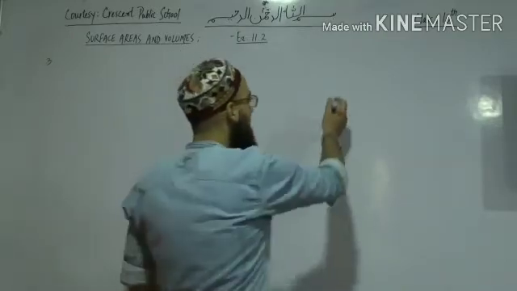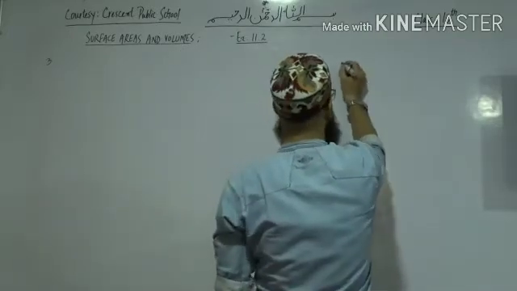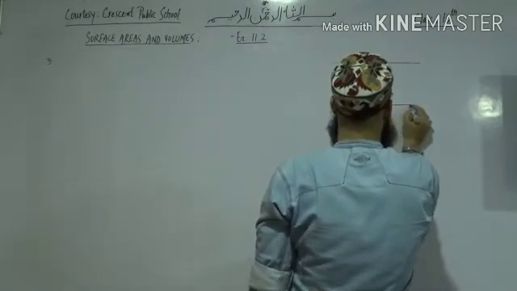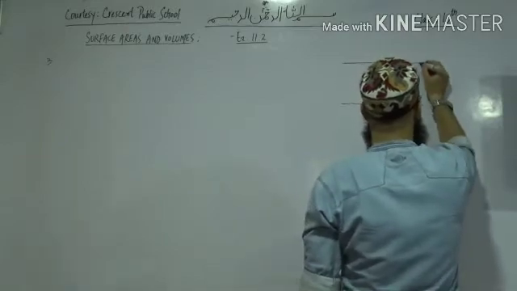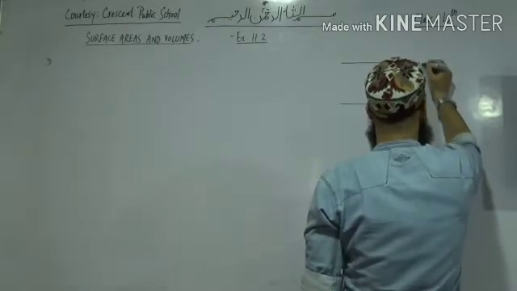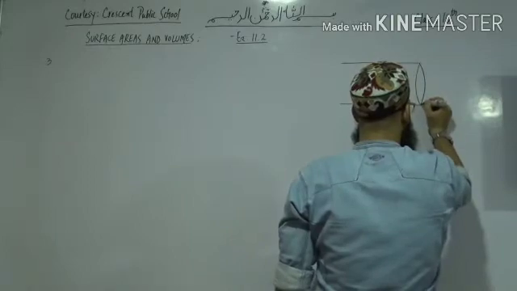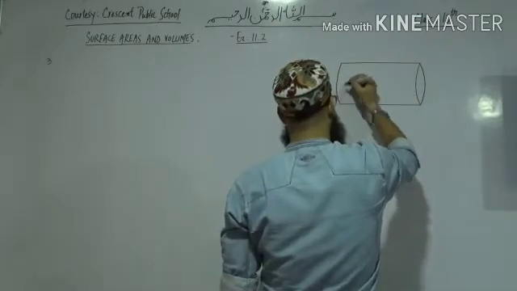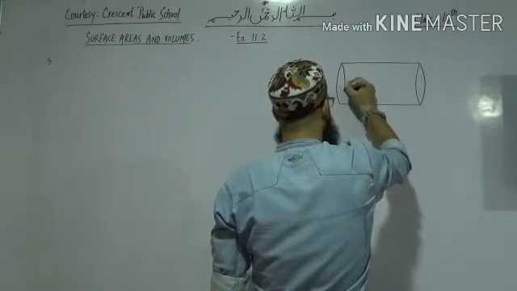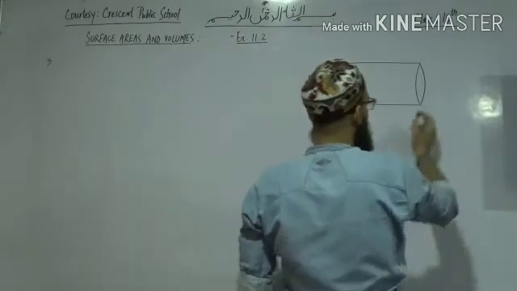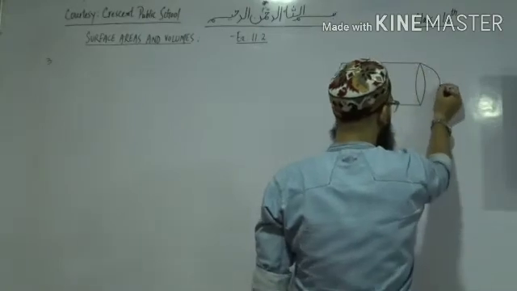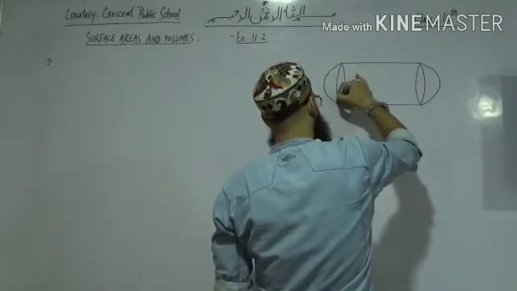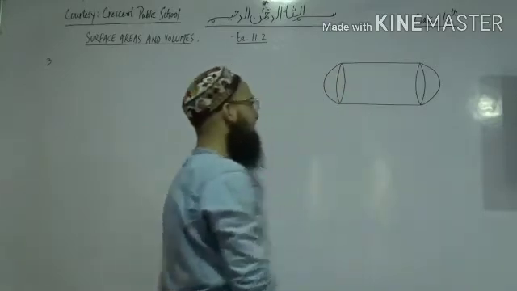We have a gulab jamun in the shape of a cylinder with two hemispherical ends, just like this and like this. This is a gulab jamun.